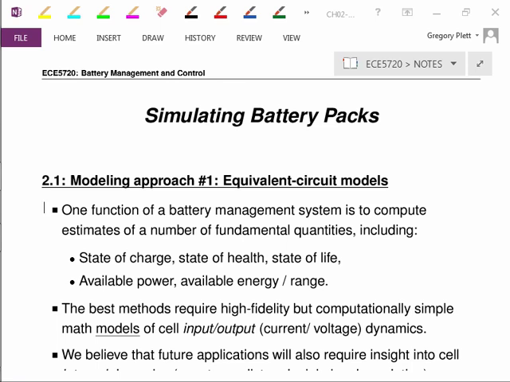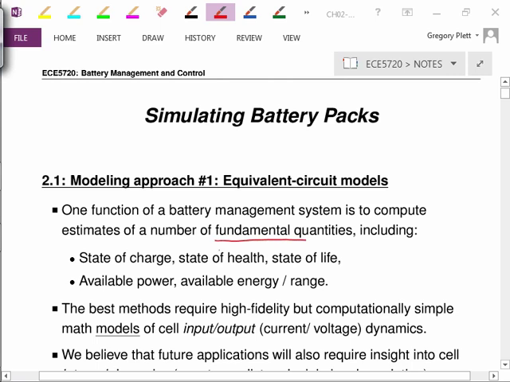When we looked at the functions of a battery management system, we saw that some of the more advanced control-oriented functions, including being able to compute estimates of some fundamental quantities inside the battery pack, and these include things like the state of charge of the cells of the battery pack, the state of health of the cells of the battery pack, and even maybe state of life.